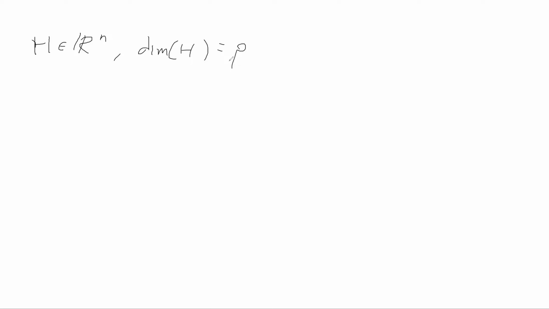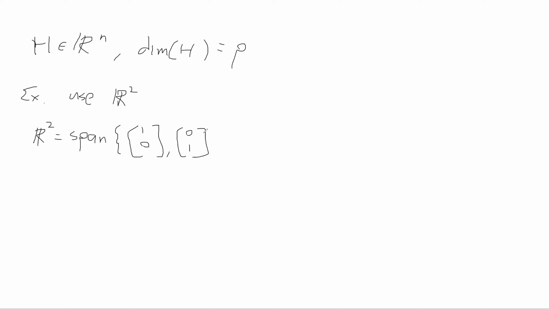So let's talk about this for a second. I'm going to use R2 for example. Now, we know a very elementary basis for R2 is the two vectors 1, 0 and 0, 1, right, E1 and E2.